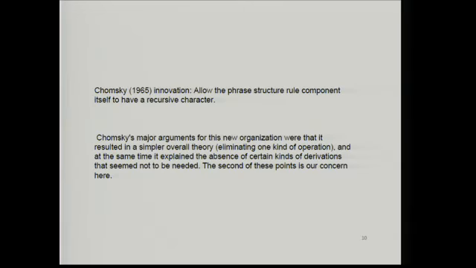Chomsky, 1965, proposed a rather radical revision of this view of syntax, and the innovation was to allow the phrase structural component itself to have a recursive character. In a way, that's conceptually a simpler theory, because the earlier theory had rewrite rules and a stipulation.